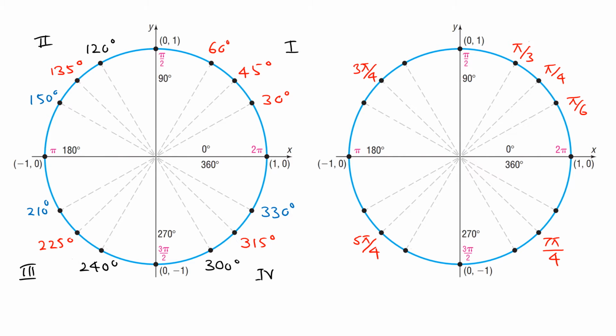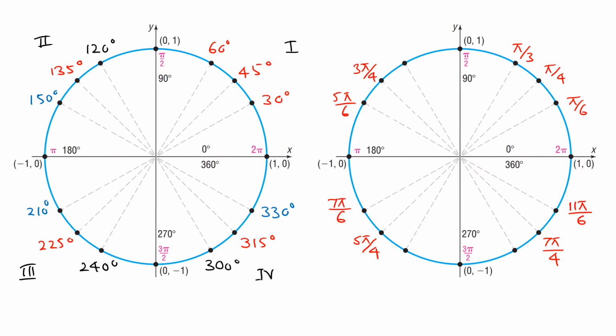If you add pi over 6 to pi, you get 7 pi over 6 here. And if you subtract pi over 6 from 2 pi, you get 11 pi over 6 here. So those are the multiples of pi over 6.